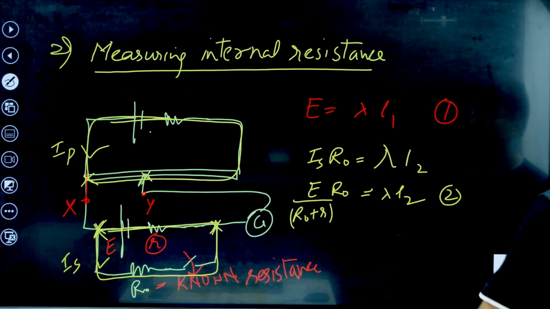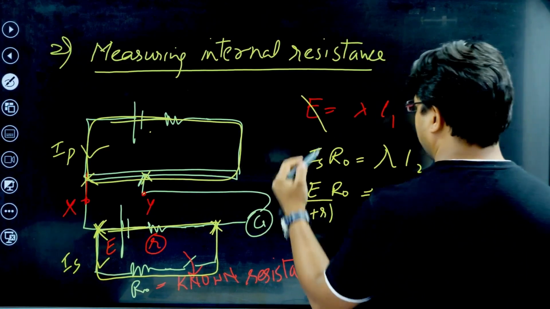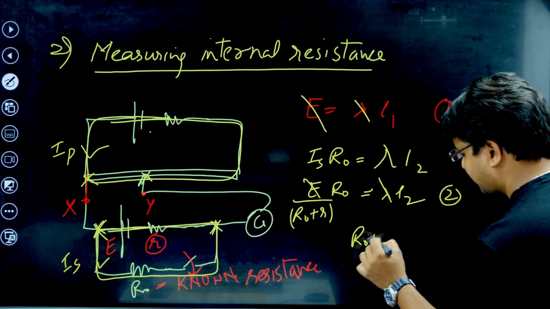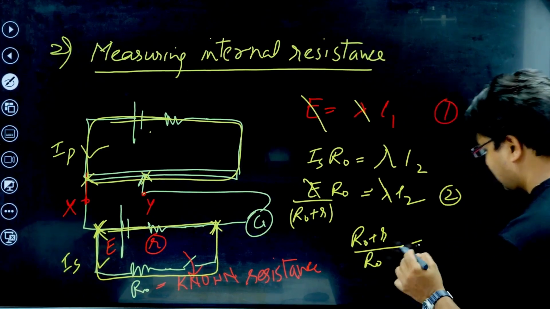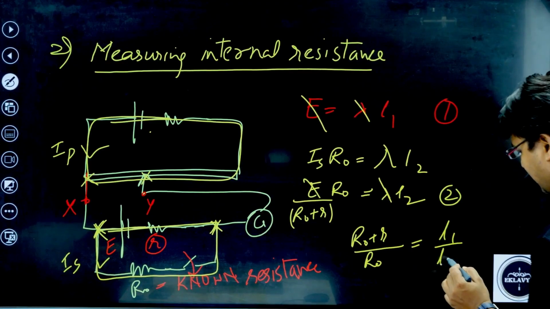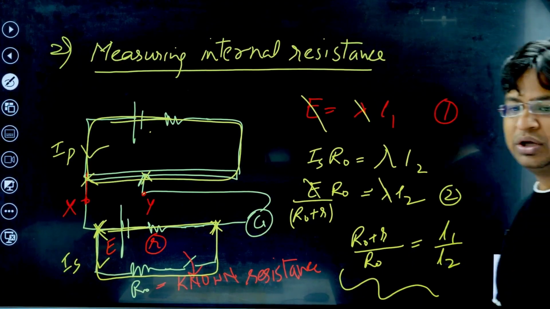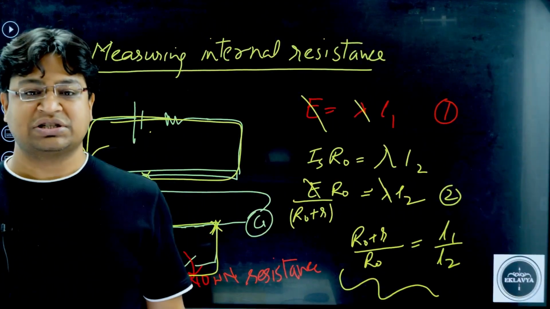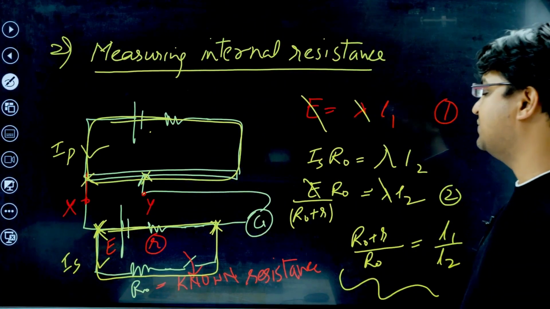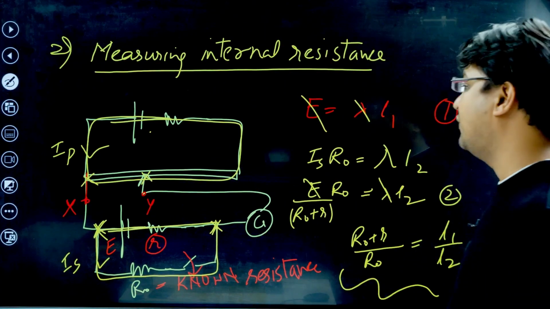If you divide equation 1 and 2, E gets cancelled, lambda gets cancelled, and we get (R naught plus R) by R naught equals L1 by L2. In this equation, only R is unknown. We know the value of R naught, that's our known resistance, and L1 and L2 are measured. Like this, we can find out the internal resistance of a battery also.